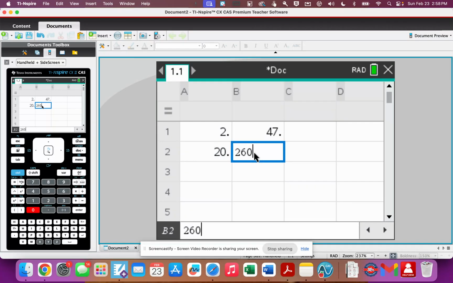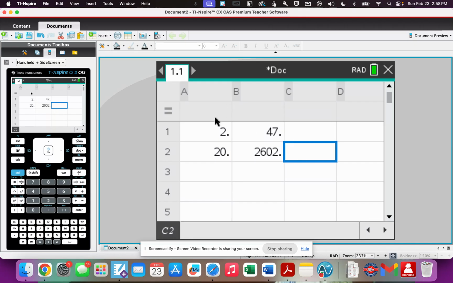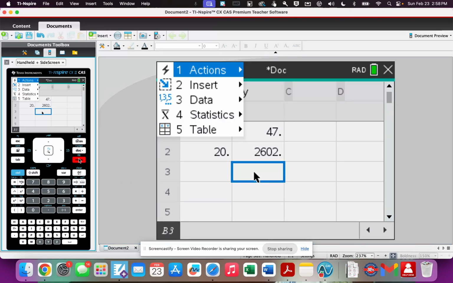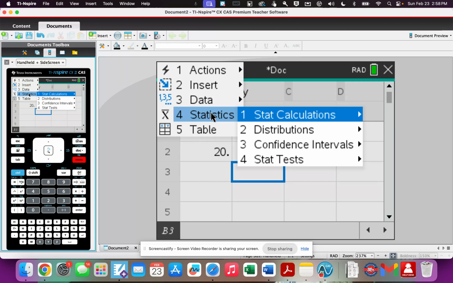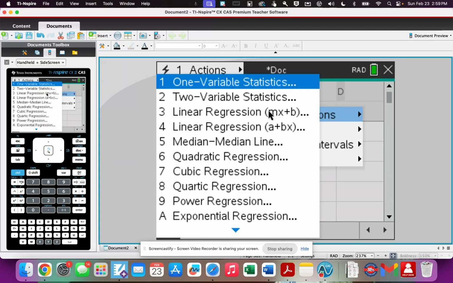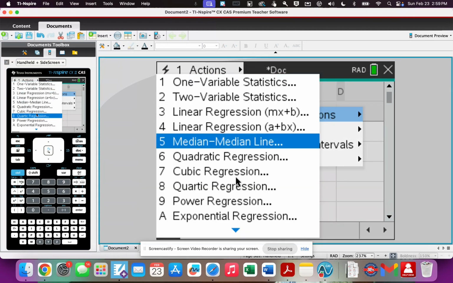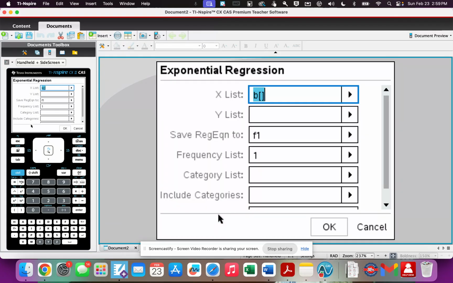Now, they went ahead and ran it for you in the notes, but I want to go ahead and run it so you can remember how to go through it. So you put your data in. Remember to label your X and your Y column, so that we actually have the name for them. And then we're going to go into the menu and statistics, stat calculations. We know for a fact already this is exponential, so we're going to do an exponential regression on it.